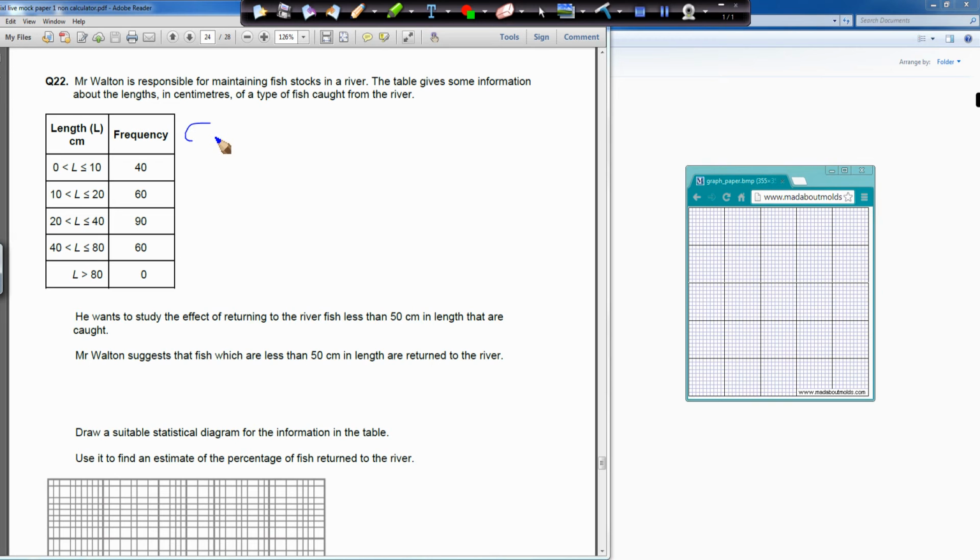So we had a cumulative frequency over here, just from the previous part of the question. It was 40, it was 100, 190, 250. And 250 was the result.